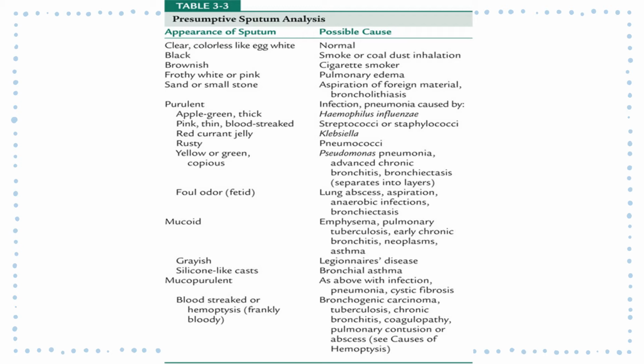And then obviously really blood-streaked or hemoptysis, frank bloody, that's often an indication of cancer, sometimes TB. Occasionally it could be pulmonary contusions, like a bruise in your lungs, or an abscess could have happened, or maybe coagulopathy, your blood thinners or something.